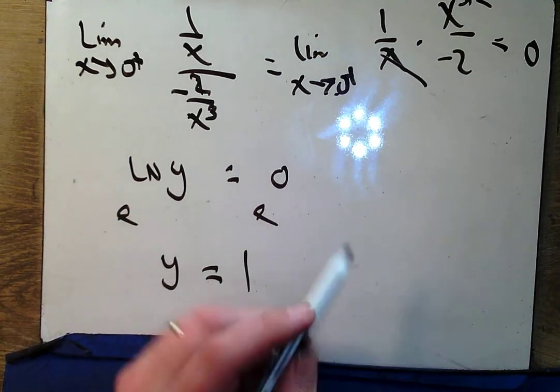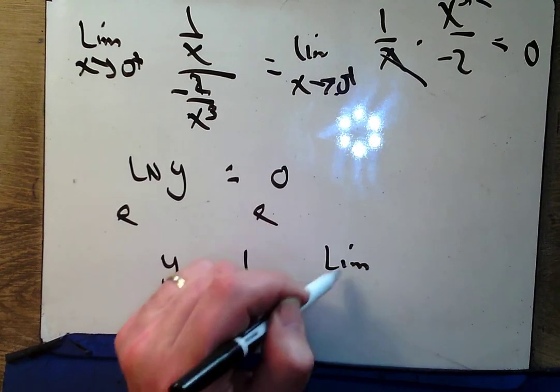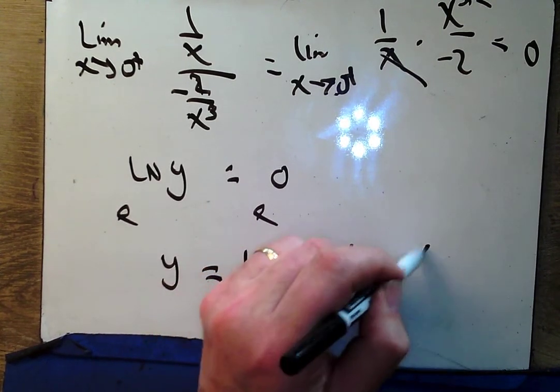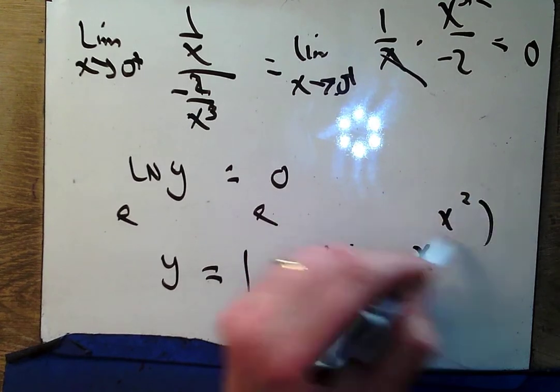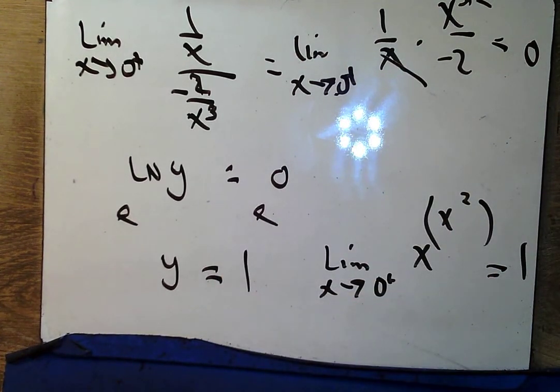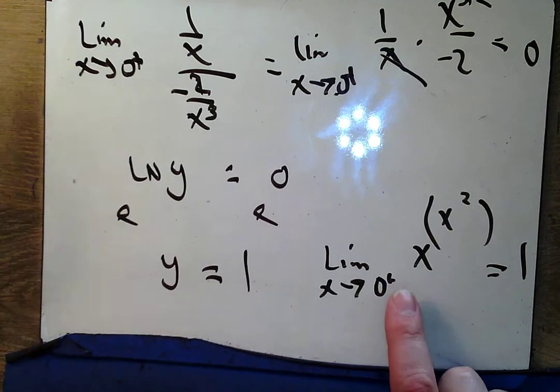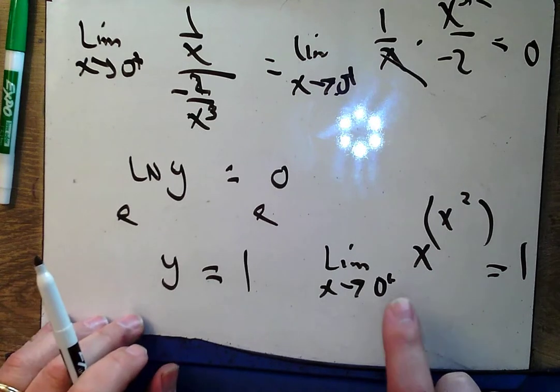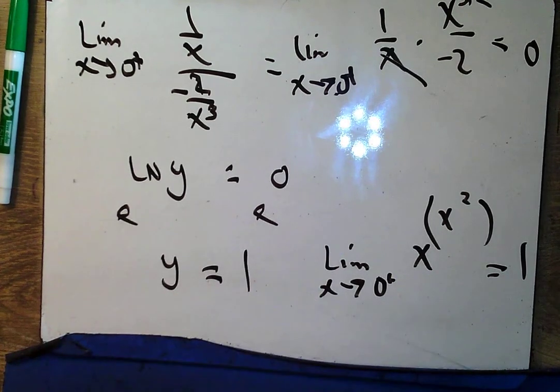The limit as x approaches 0 from the positive of x to the x squared power is going to be equal to 1. Coming from the positive, you may recall we actually looked at this in the first week in August.